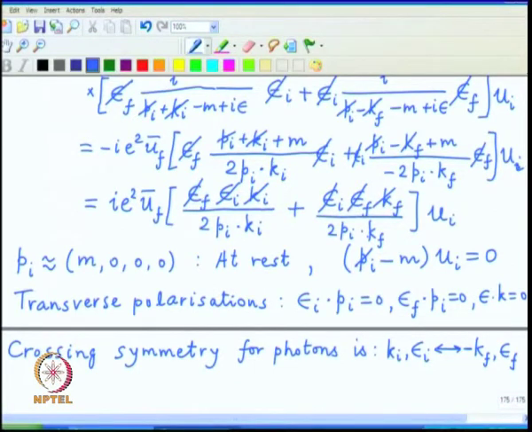Now, one can see that the two terms which are written in the expression above are indeed related by this particular interchange. If I and f are interchanged, all the indices of epsilon and k appear in the correct order, and the negative sign of k f does not play any role, because there is a factor of k f both in the numerator and the denominator. So, the sign essentially cancels out.